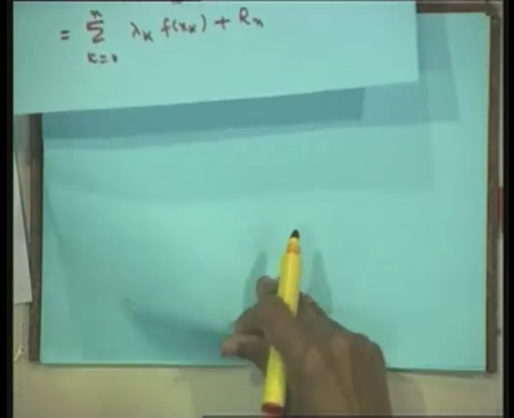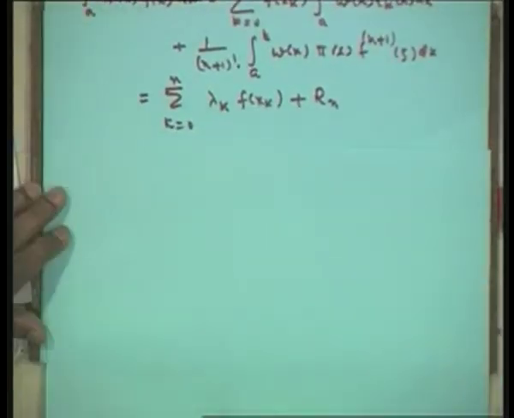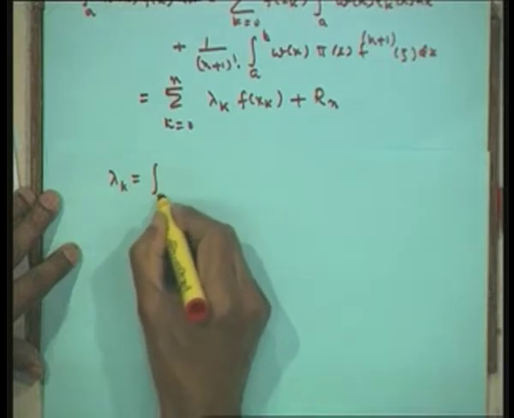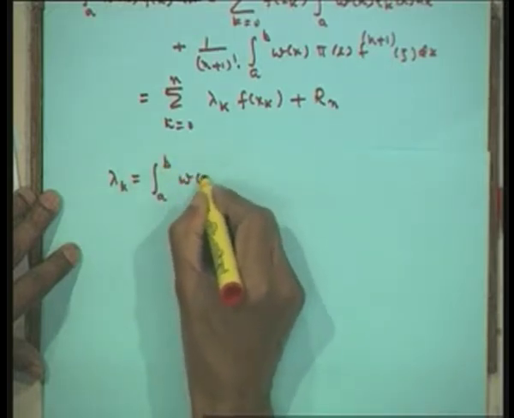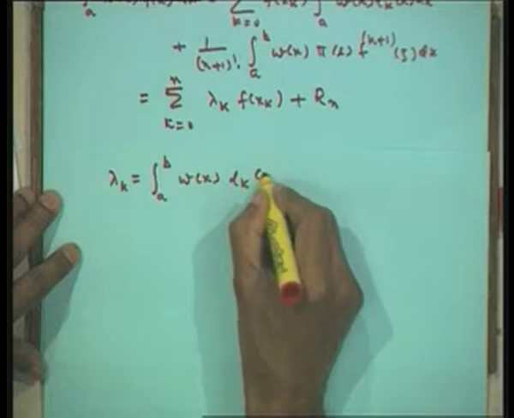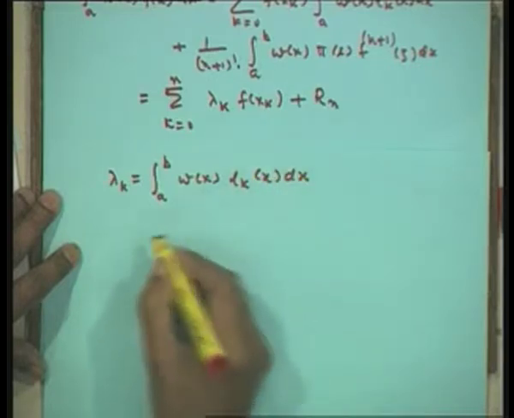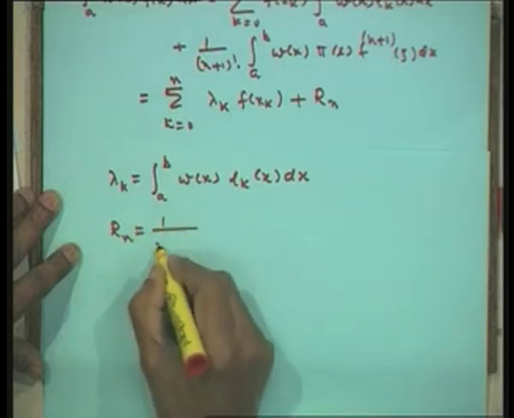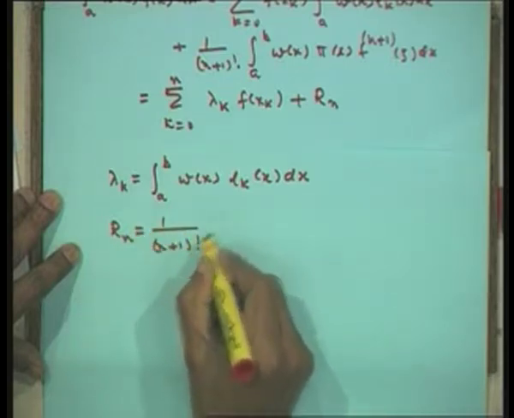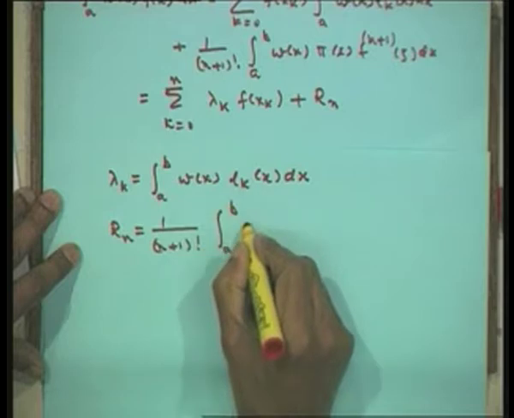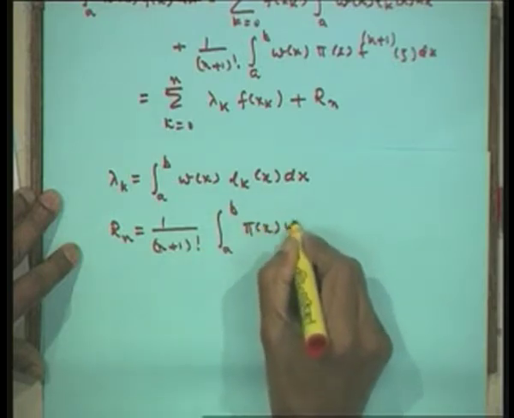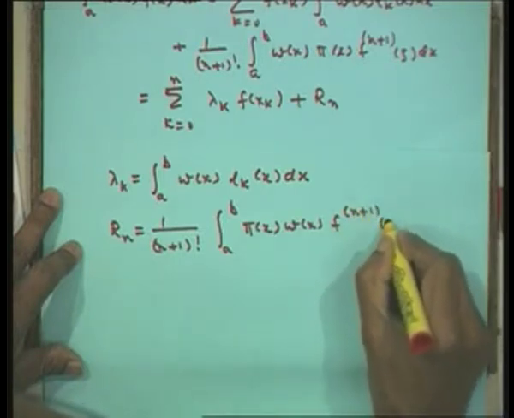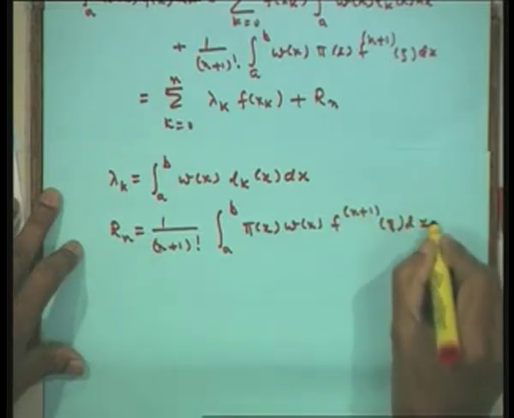Therefore, we can write lambda k is equal to integral a to b w x L k x dx, and the error term r n is 1 upon n plus 1 factorial integral a to b pi x w x f n plus 1 of xi dx.